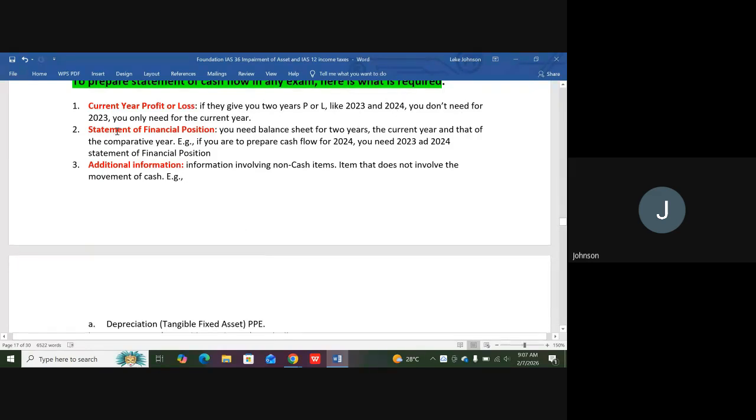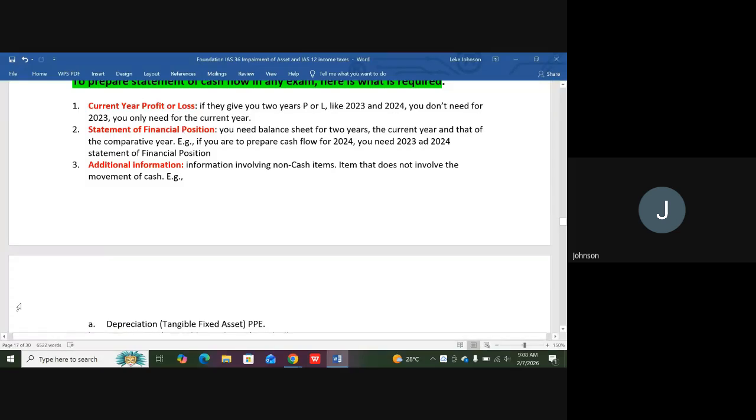Then the next one, the statement of financial position. When they give you the statement of financial position, they will likely give you 2 years, and you need both. It's only the profit and loss account that you take just the current one. But the statement of financial position, which is your balance sheet, you need for the prior period and the current period, because in the balance sheet we always compare what happened last time to what happened this time.